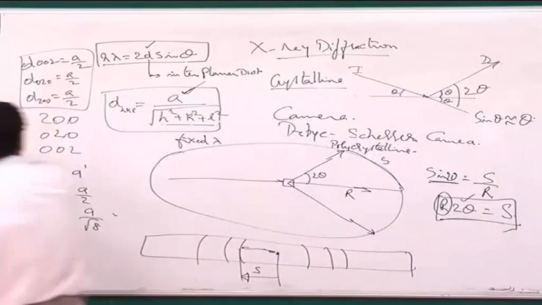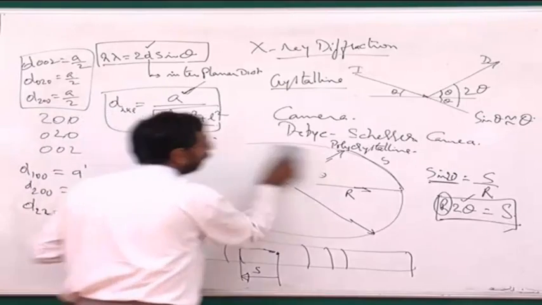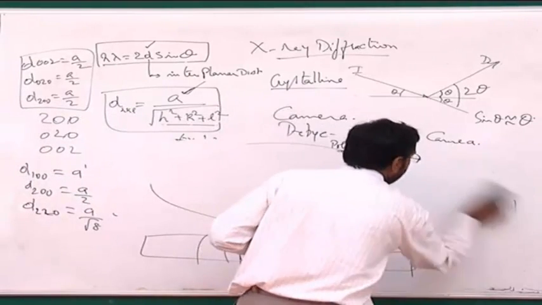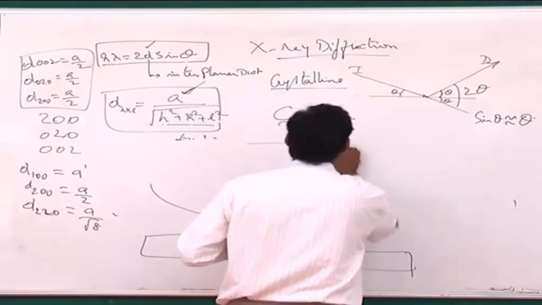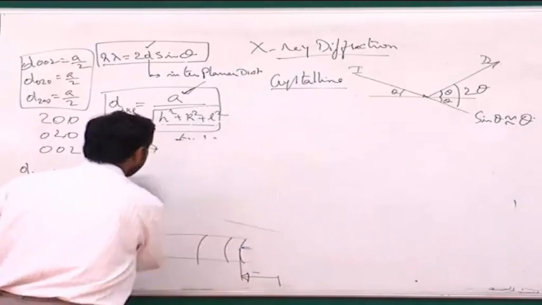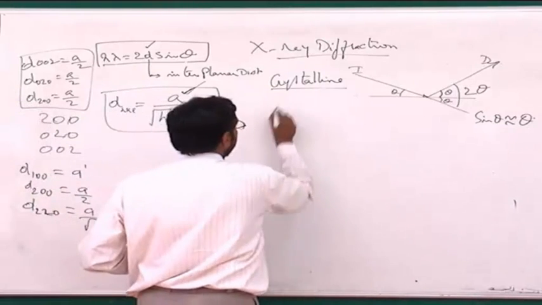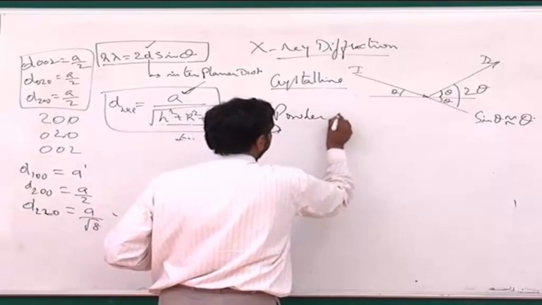So this is all about the various methods that are used, and the next method that has become the most popular is no more this camera method. Nobody nowadays uses any camera. They use what is called a diffractometer. People call it a powder diffractometer.